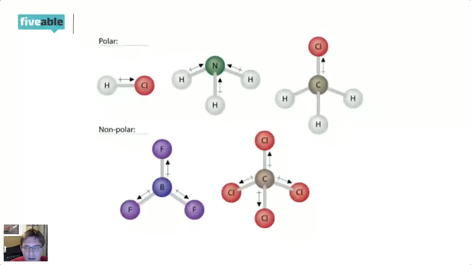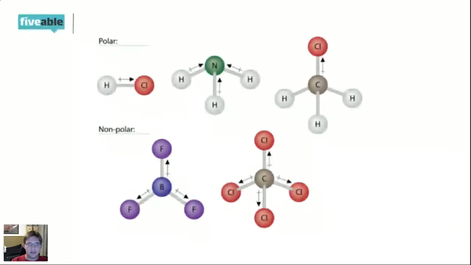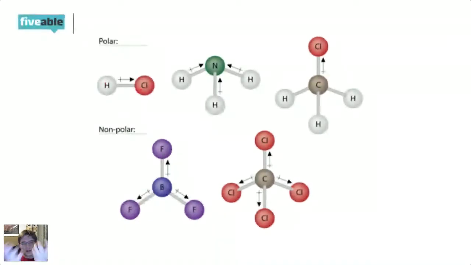So here are some examples of polar and nonpolar covalent bonds. Here we see, for example, the structure of hydrochloric acid, and you can see that because chlorine pulls on those electrons a lot harder than hydrogen does, you'll see what's called a dipole moment in this direction, right?